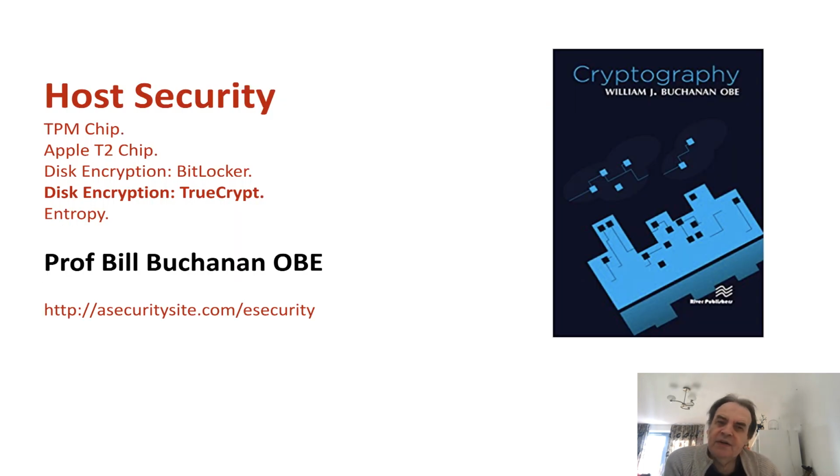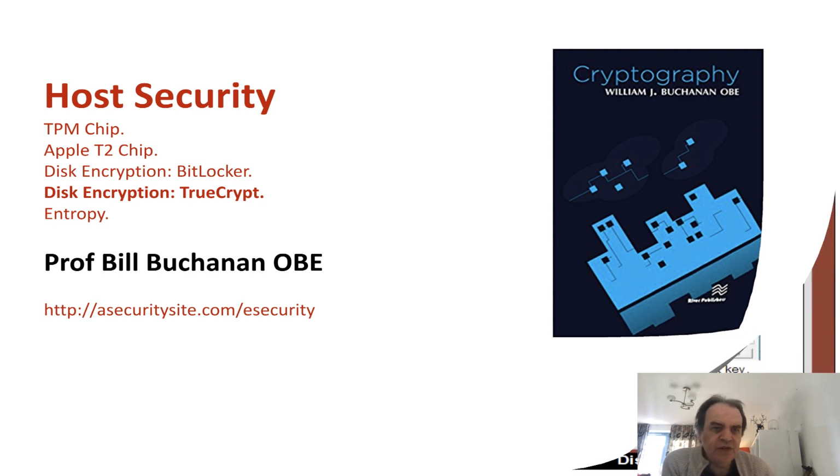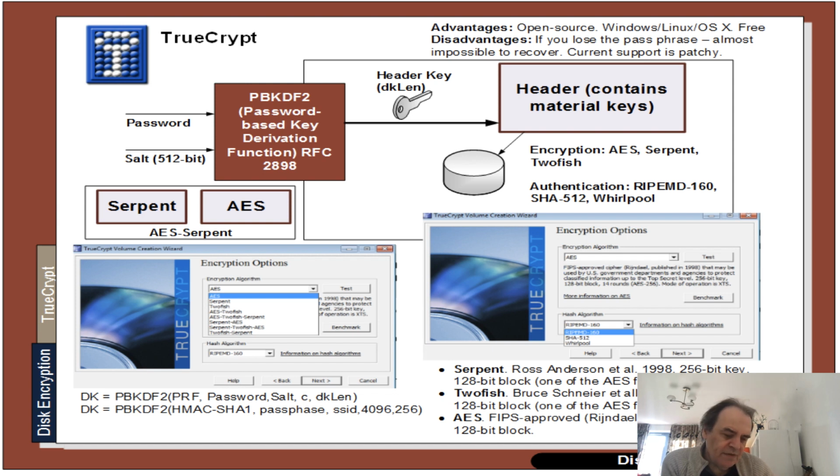The other open source system that's now called VeraCrypt is called TrueCrypt. And TrueCrypt takes a different approach. It's open source. And what we have is a password and a salt value. It goes into PBKDF2 and generates a key. That key is then used to open up a header which contains all the keys that we require and the definition of the keys inside the header file, and then we can decrypt a volume.